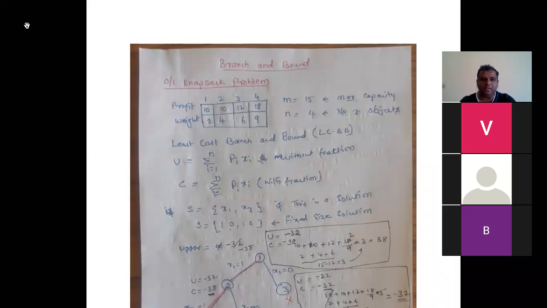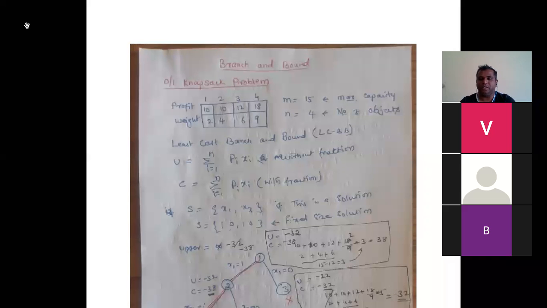In the last class, we discussed least cost branch and bound. In least cost branch and bound, there are 2 approaches. One is we can solve it while converting the optimization problem into minimization.